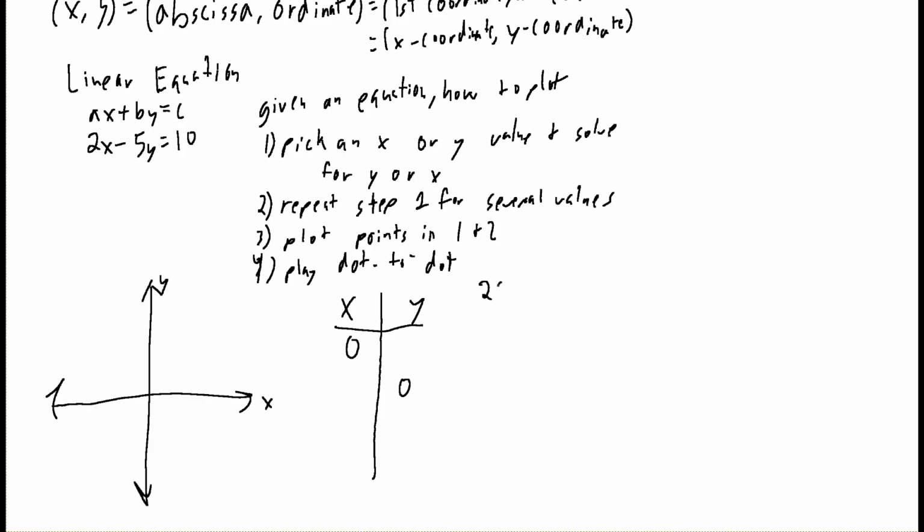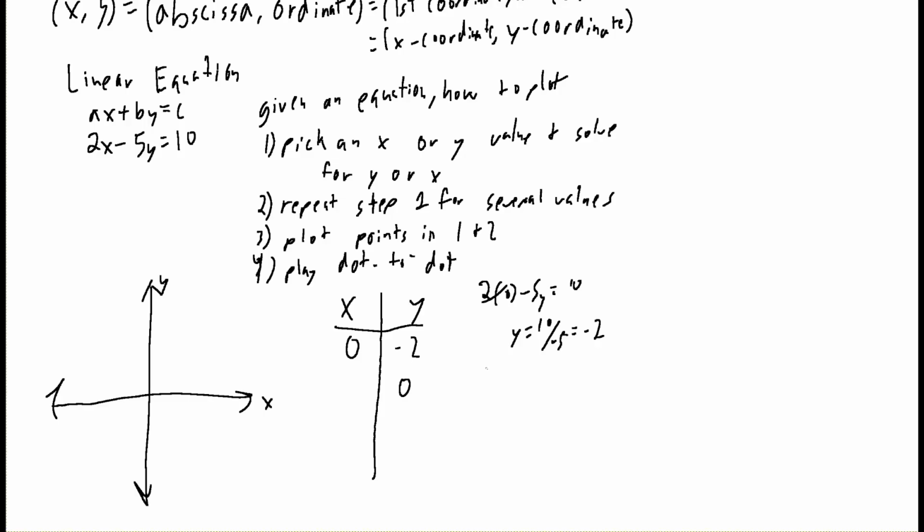Okay, so 2 times 0 minus 5y is equal to 10. That goes away. Divide by the minus 5 to the other side. Therefore, y is equal to 10 over minus 5, which is minus 2. So that's minus 2 there.